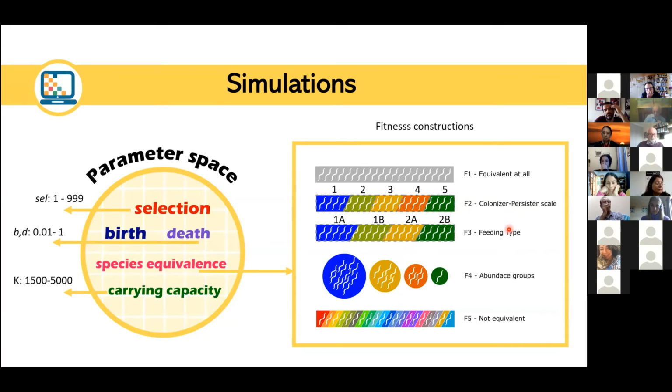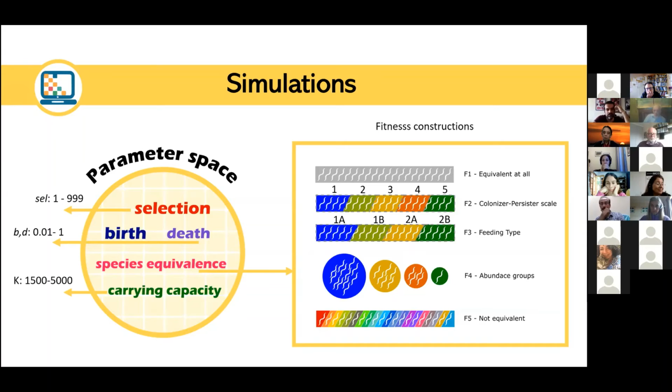A third fitness construction considered the feeding types 1A, 1B, 2A, 2B. We also constructed fitness based on abundance groups. So the most abundant species were considered equivalent, and so for the other abundance groups.